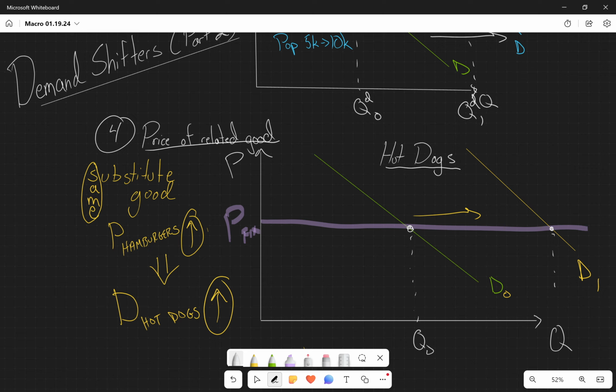The quantity demanded for my hot dogs is going to increase. So this does make sense, and this is the correct shift. Substitutes are going to have the same direction of a demand shift as the change in the price.